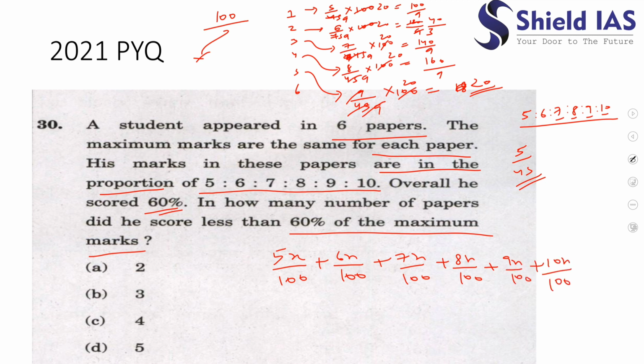Yes, this we have to do. I have assumed total marks as 100. So the first paper is 5 by 45 into 100, which means 100 by 9. 100 by 9 is around 9 point something. So here the correct answer would be 3.